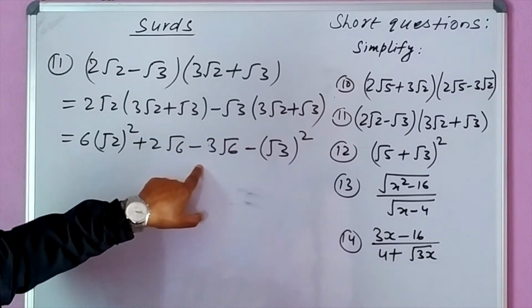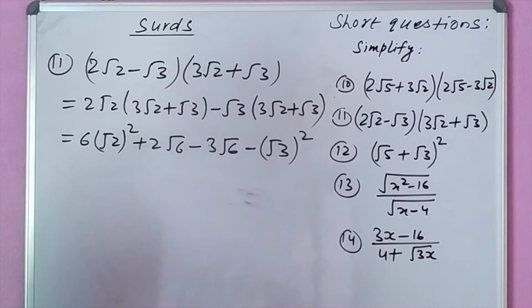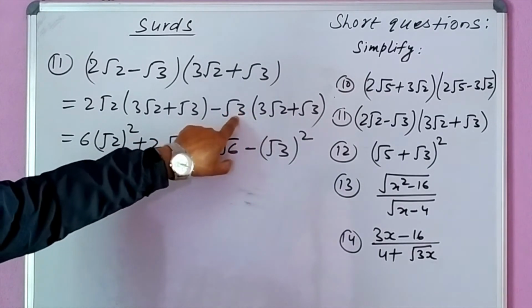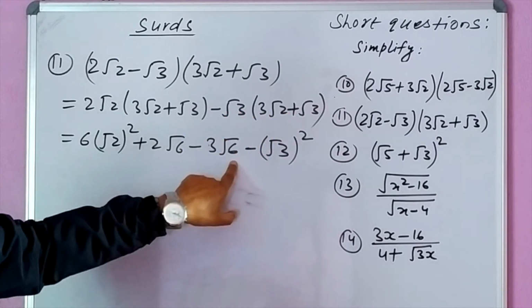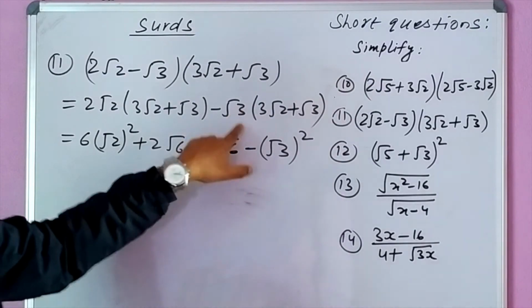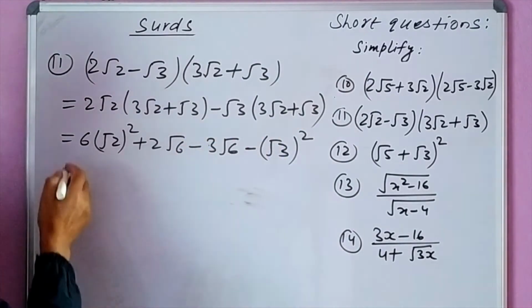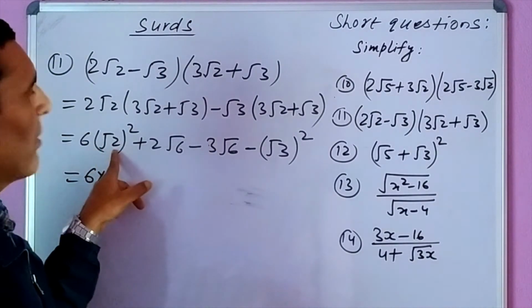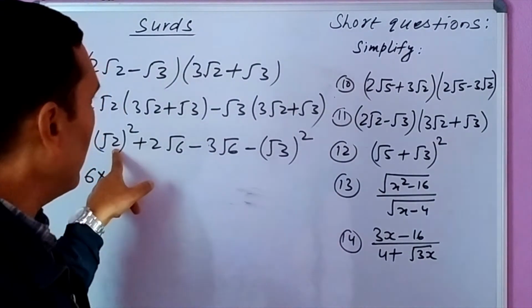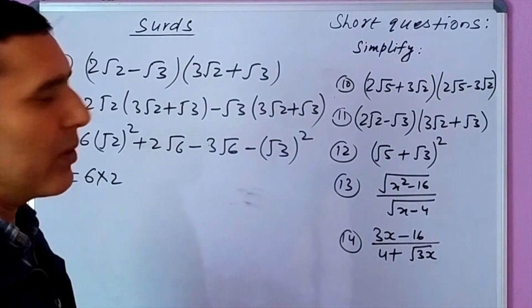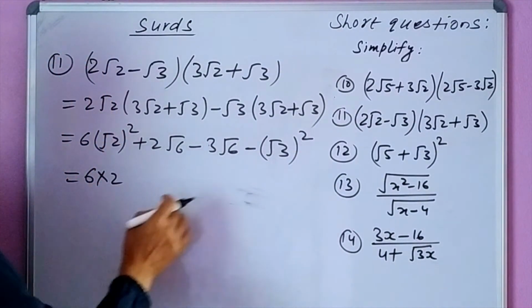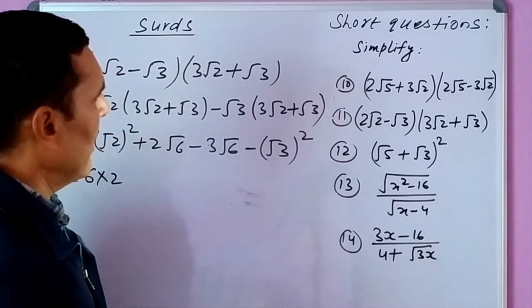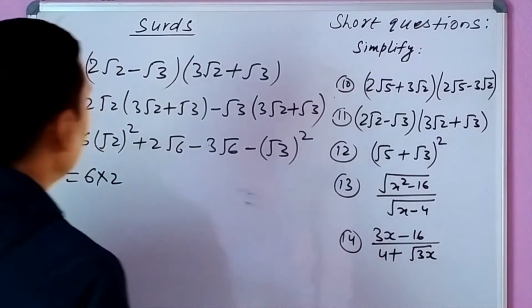Minus plus minus. Root 3 into 3 root 2 is 3 as it is, and root 2 into root 3 is root 6. 2 into 3 is 6, and root 3 into root 3 whole square. So it is 6 into 2. Look here, because root 2 whole square is 2 only. Similarly root 3 whole square is also 3 only, because when the order and power are equal, the root is removed.